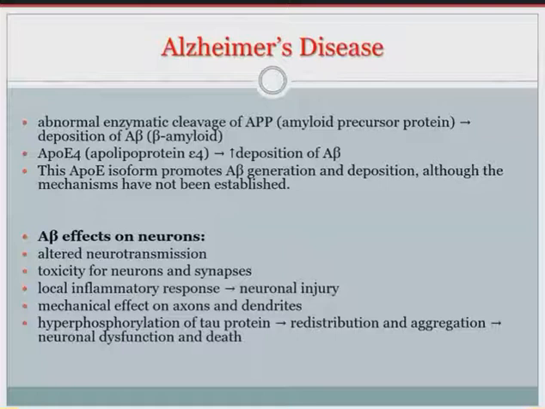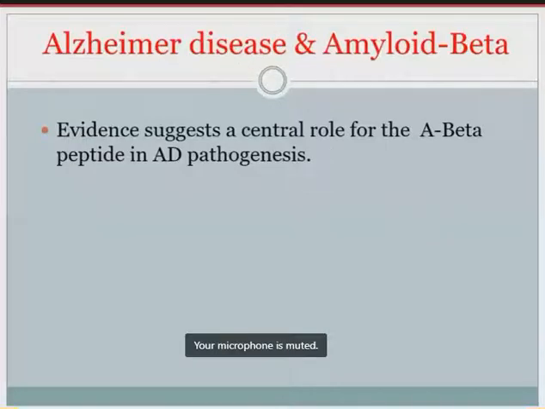While studying the morphology, we'll be talking about the tau protein and neurofibrillary tangles, which we'll see in our upcoming slides. Evidence suggests a central role for A beta peptide in Alzheimer's disease pathogenesis.